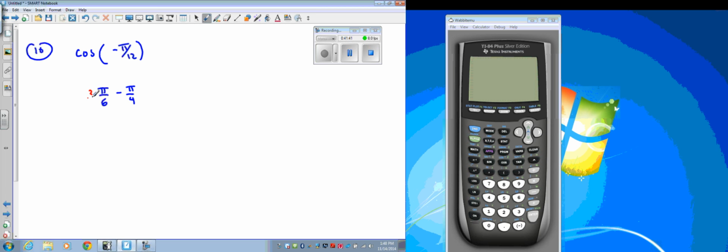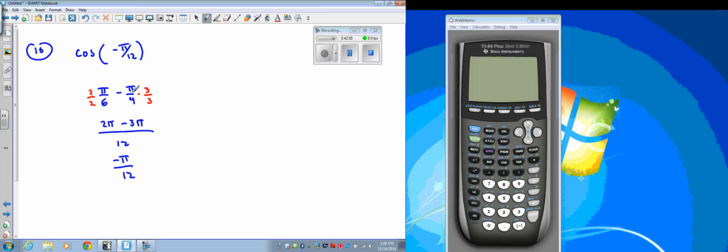This is 2 over 2, and this is 3 over 3. So then you get 2 pi, and notice it's all over 12, right? 2 times 3 is 6, 3 times 4. This is 2 pi minus 3 pi. So we have negative pi over 12.